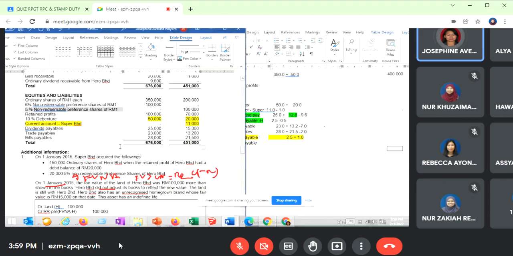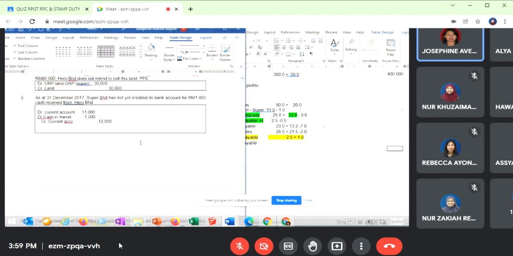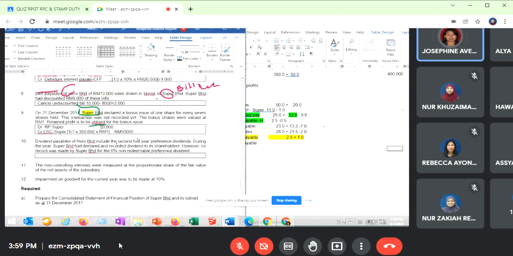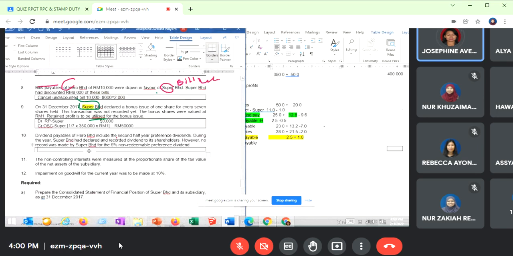So 5% of 100,000 represents the preference dividend. But it is not the full year, it's for the second half, so times by 6 over 12. That's 2,500.